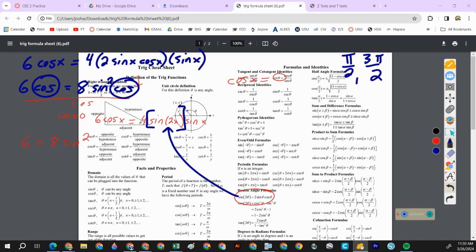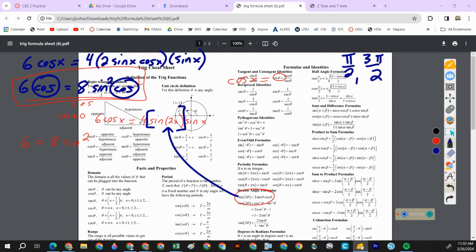And we don't care what the y value is of those, because the cosine value is going to be 0, and it's going to satisfy the equation. Okay, so if the cosine equals 0, then this equation is satisfied.